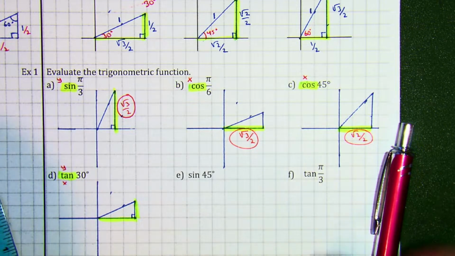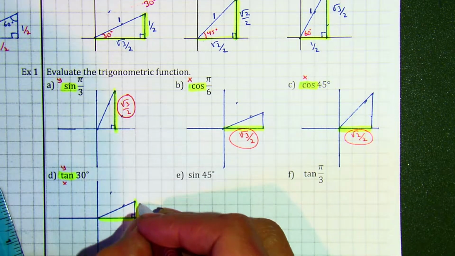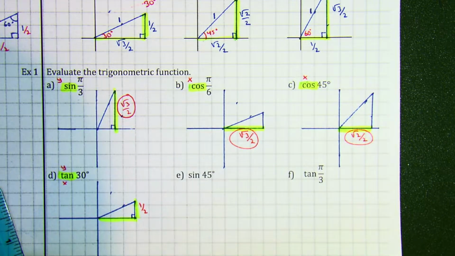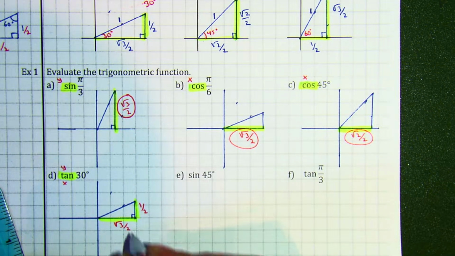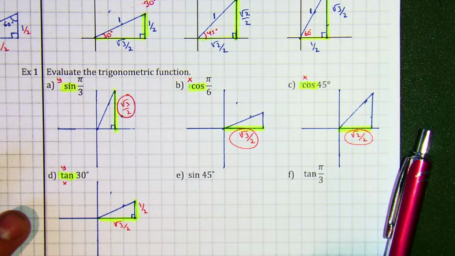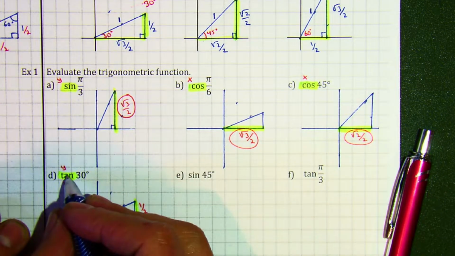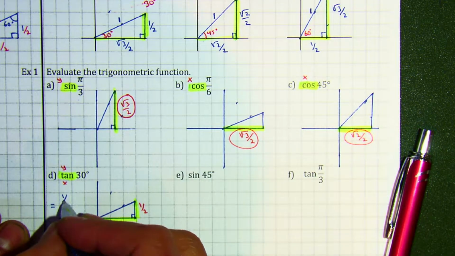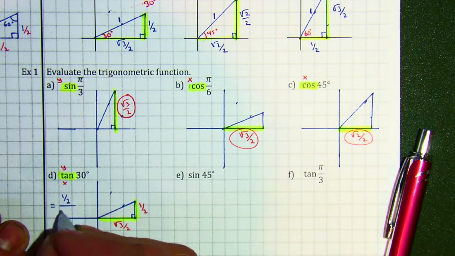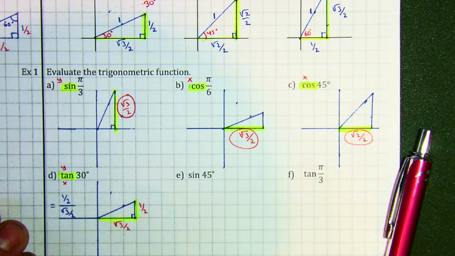Your y is 1/2, the shorter side. Your x is the longer side, so it'll be square root of 3 over 2. So therefore, tangent is y over x, so it'll be 1/2 over the square root of 3 over 2.